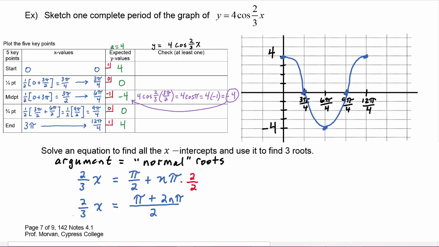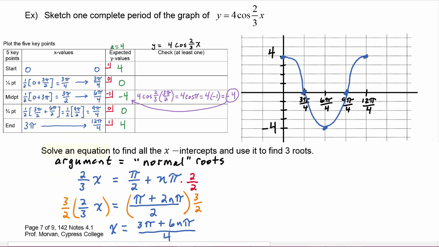Now we're going to multiply each side by 3/2. And we see that we're going to get x is equal to 3 pi plus 6n pi over 4.